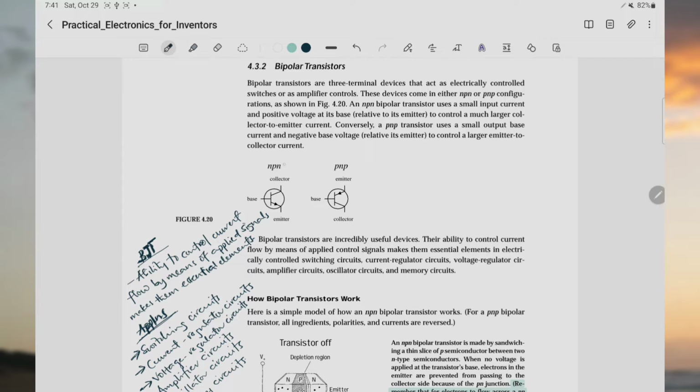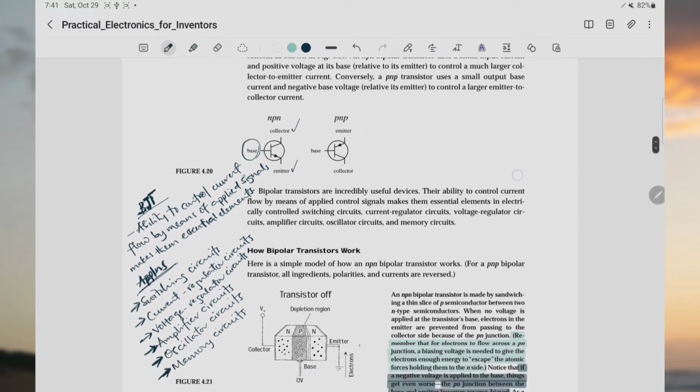Most of the explanations I'm going to be doing are going to focus on the NPN transistor. We shall leave out the PNP since it's just the inverse of the NPN. Basically, the bipolar junction transistor has three terminals, as you can see here: the base, which is the control terminal, then you have the collector and the emitter.